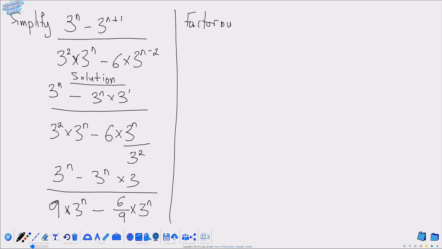If you look at the numerator, you can see that something is common, and it's 3 raised to n. You factor it out. 1 minus 3. Now, if you factor out 3 raised to n out of 3 raised to n, you have 1. To know if you are correct, just try and open the bracket again. 3 raised to n times 1 will give you 3 raised to n. 3 raised to n times 3 will give you 3 raised to n times 3, right?